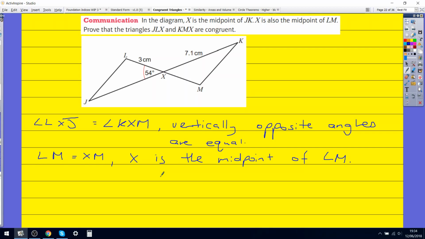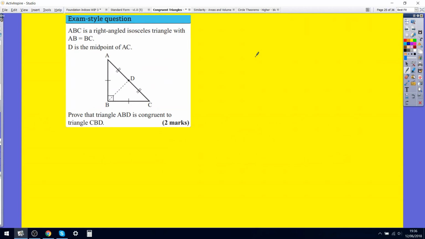Prove that ABD is congruent to CBD. What sides are equal to each other here? You can say they share the side BD, and also that sides AB and BC are equal. And what other sides?